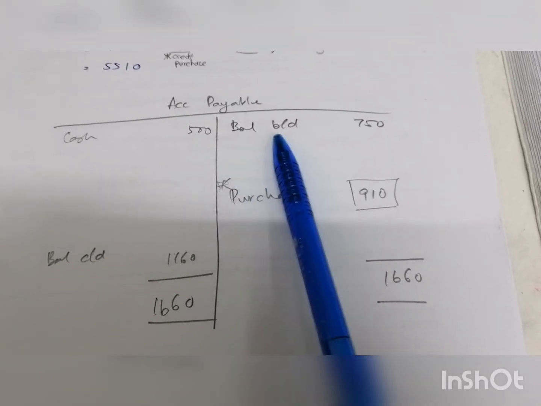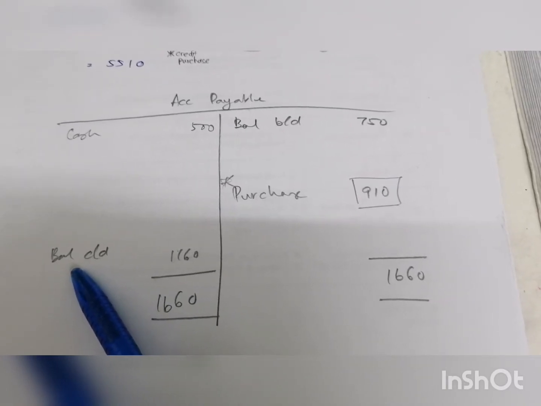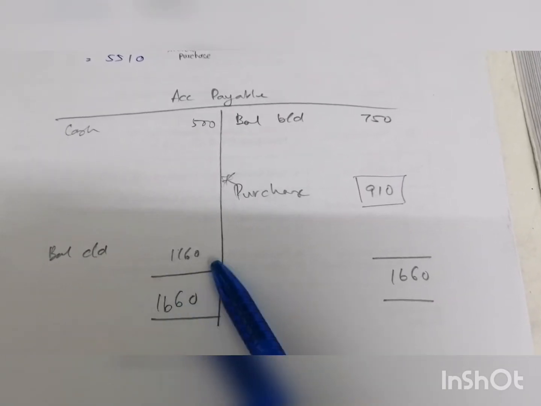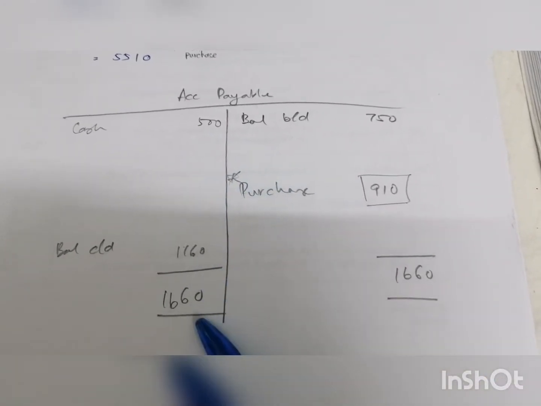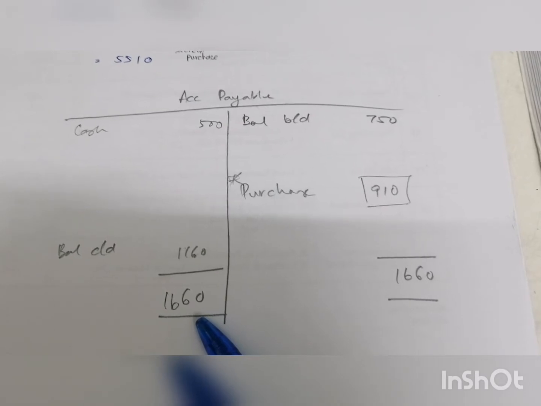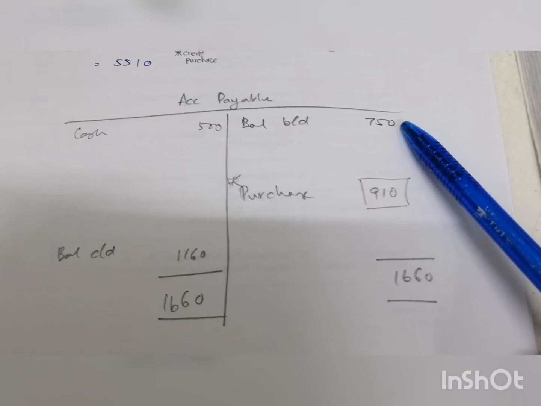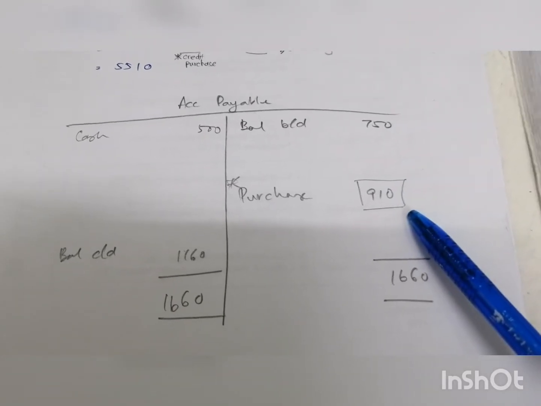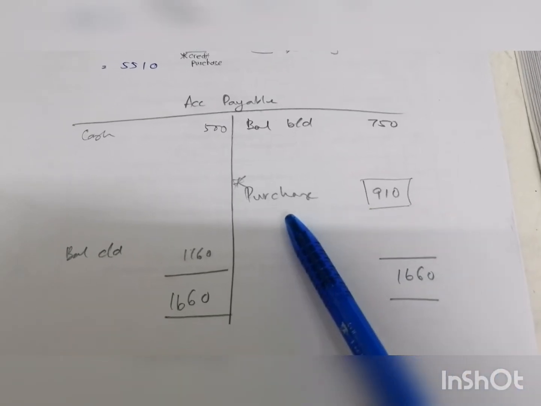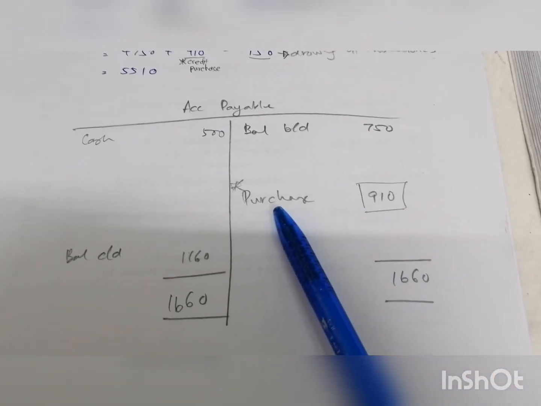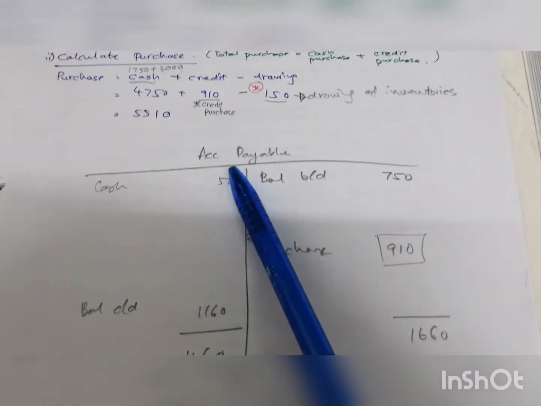So you credit balance brought down 750, debit balance carried down 1,160. When you add up here 1,660, you minus balance carried down 750, that's why you get your 910. So this one is credit purchase under account payable.